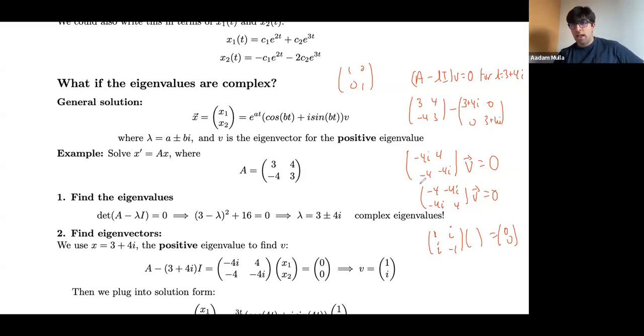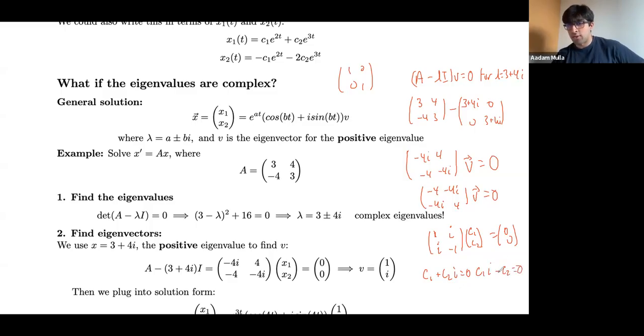So you could also just form the system of equations. Call these c1 and c2. We're looking for c1 plus c2 times i equals 0, and then c1 times i minus c2 equals 0.